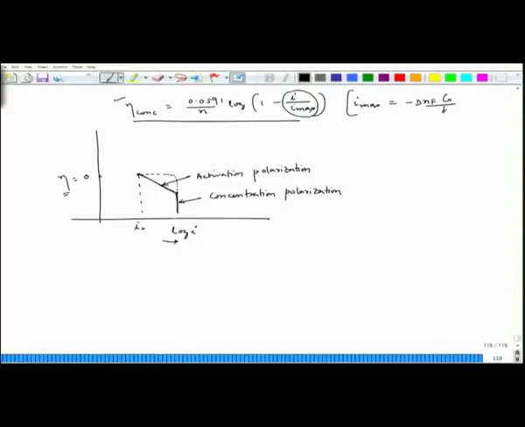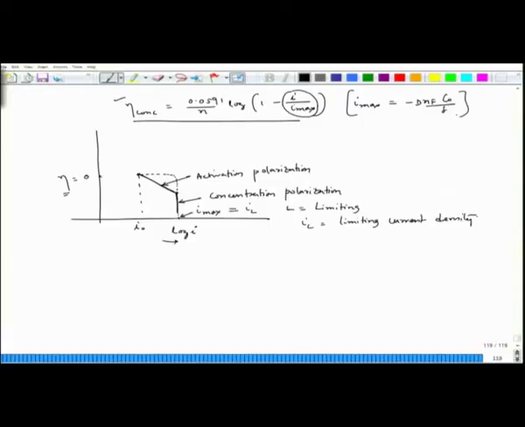And this particular current density for that reaction is I max. This is also termed as IL, where L is nothing but limiting. So, this is IL, equal to limiting current density.